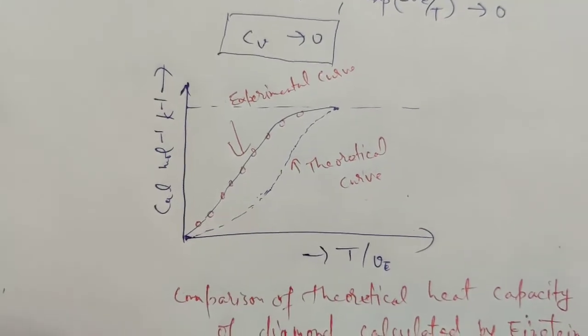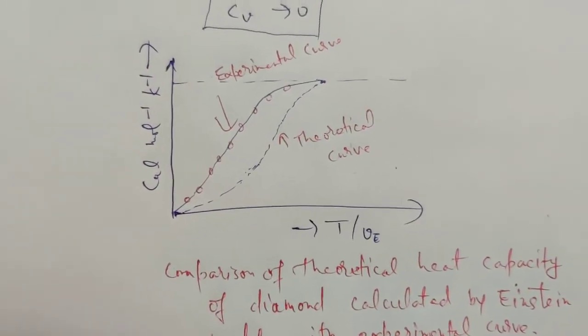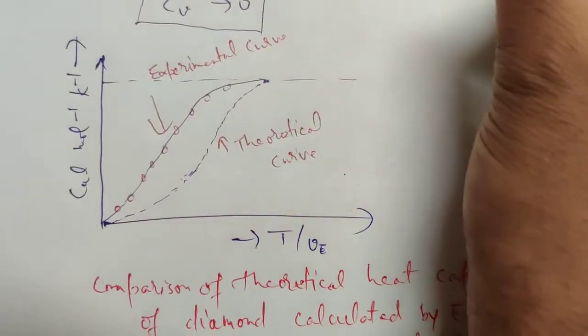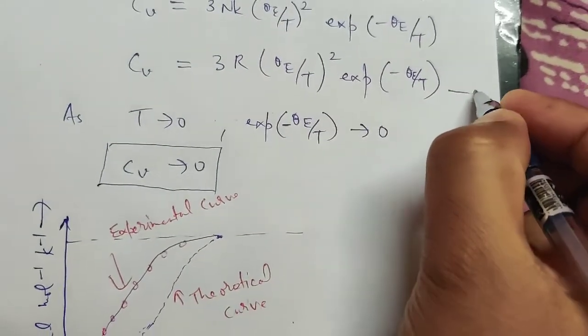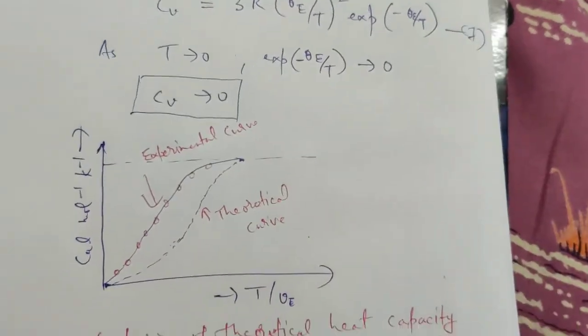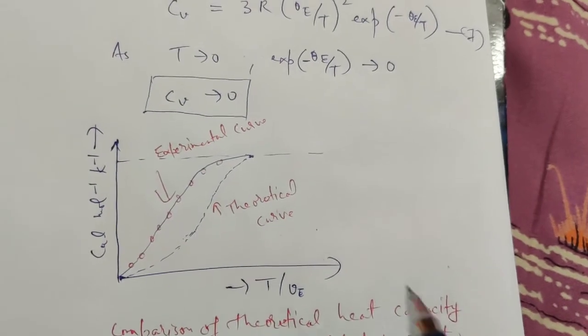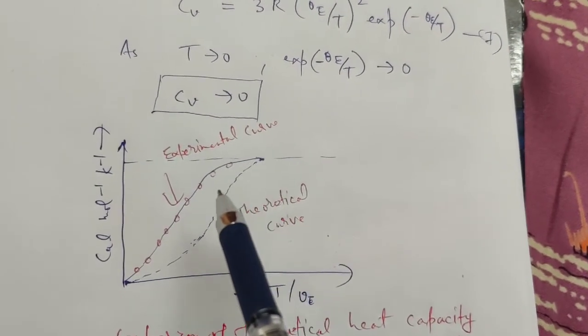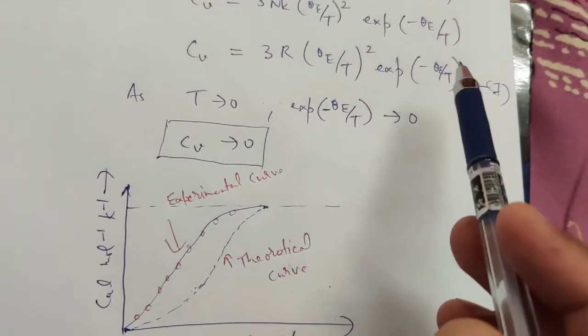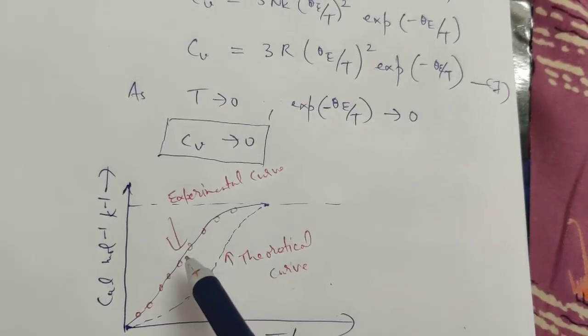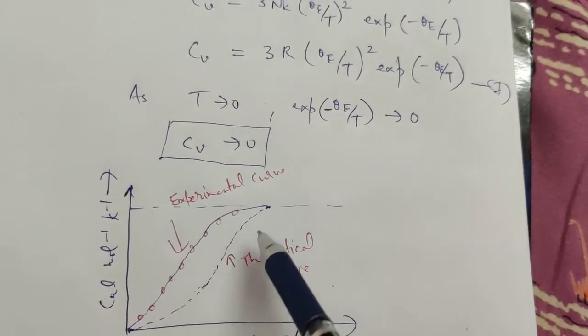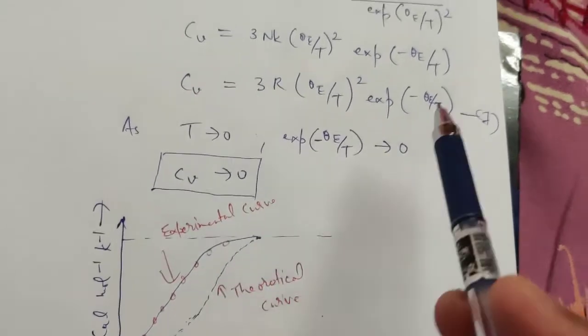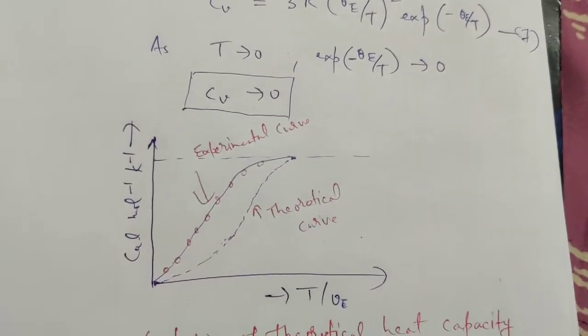However, equation number 7 shows that the specific heat capacity is reducing exponentially. It is not reducing by T cube, it is reducing exponentially.